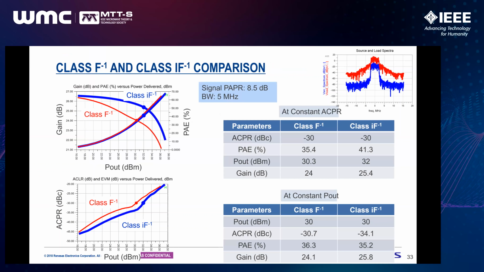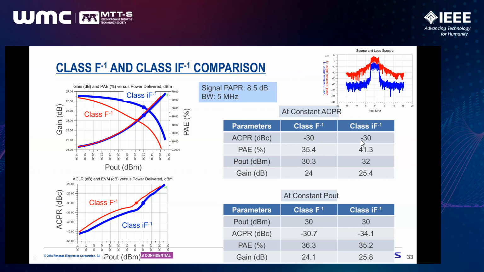Again, we can see the comparison between inverse class F and class F. We can compare at constant SCPR and at constant Pout. Let's say we need to design the PA at a constant minus 30 dB. We can see that PAE for inverse class F reached 35.4%, while the class F-inverse at constant minus 30 SCPR can be almost 5% higher.